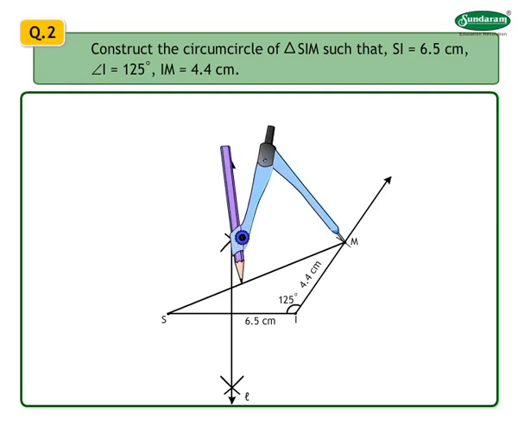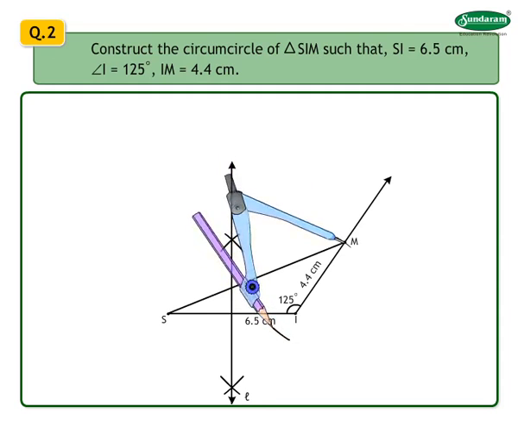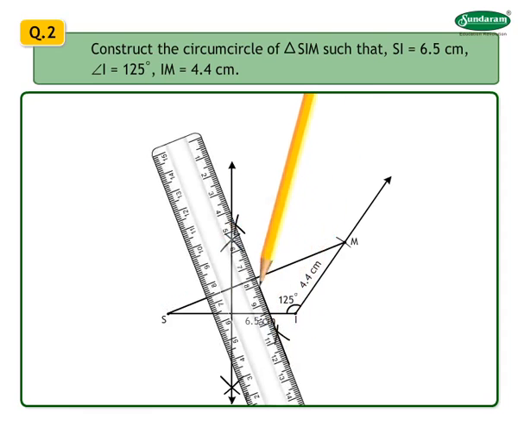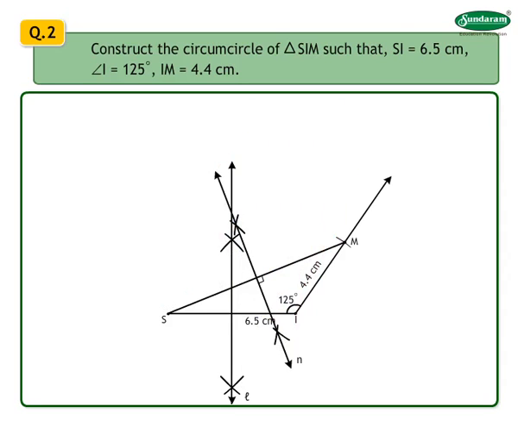Similarly, draw a perpendicular bisector of side SM, that is line N. Mark the point of intersection of the lines L and N as O. As triangle SIM is an obtuse angled triangle, the circumcenter O is outside the triangle. Let the point of intersection with side SI be R.